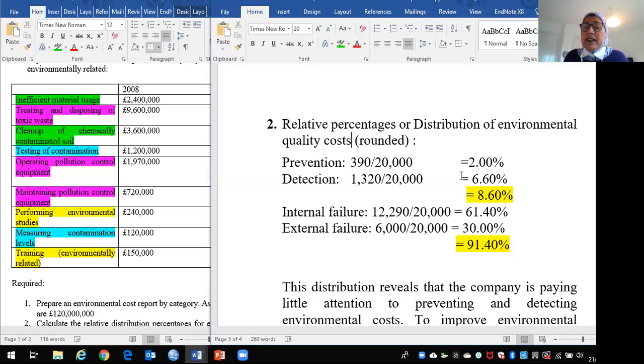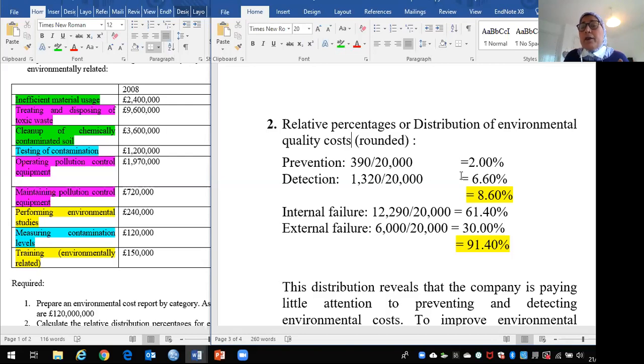So if the company spends some more money on control activities, which is prevention and detection, they will see more reduction in both internal and external failure. And this particular company has to continue to do so until both internal failure and external failure become zero. And that means they keep investing in everything.